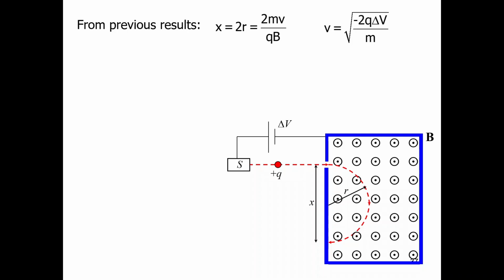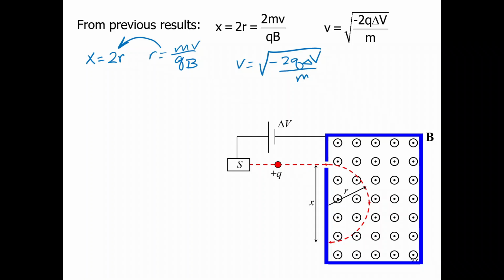So in this example, I have the equations that we need. We knew that X was equal to 2 times R, but R was equal to mv over qB. So substituting that in there, we have that our V is equal to the square root of negative 2q delta V over m.